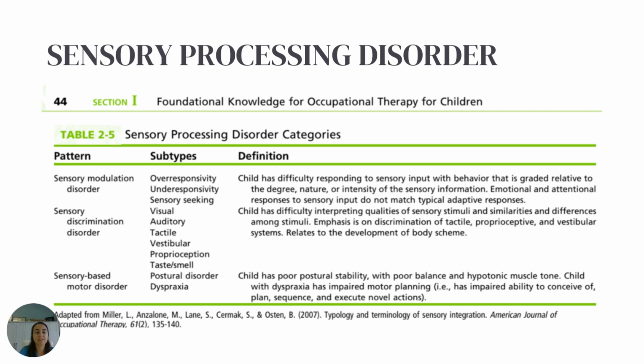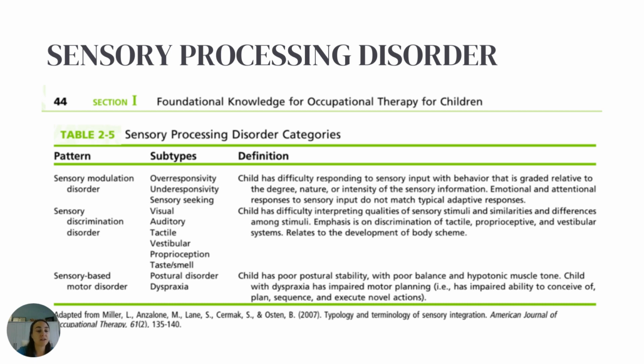And they give us an example where a child has difficulty responding to sensory input with behavior that is graded relative to the degree, nature, or intensity of sensory information. Emotional and attentional responses to sensory inputs do not match typical adaptive responses.